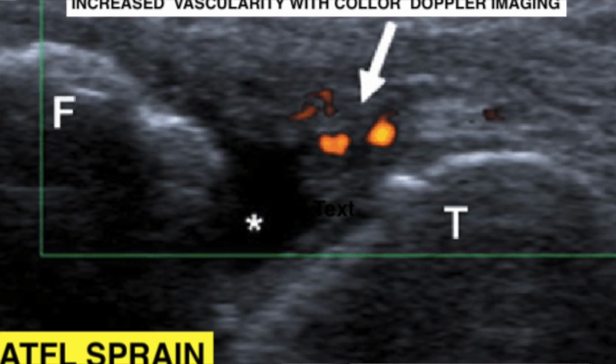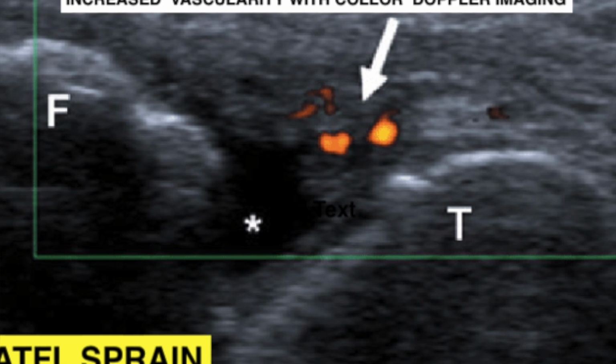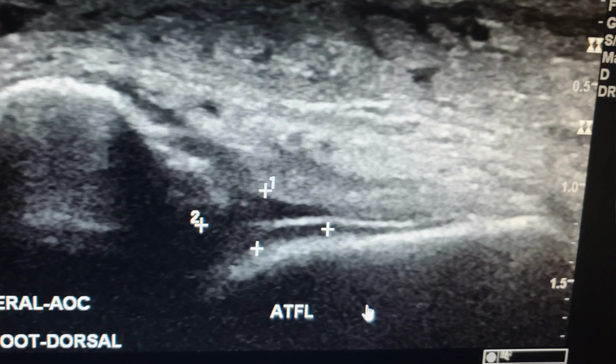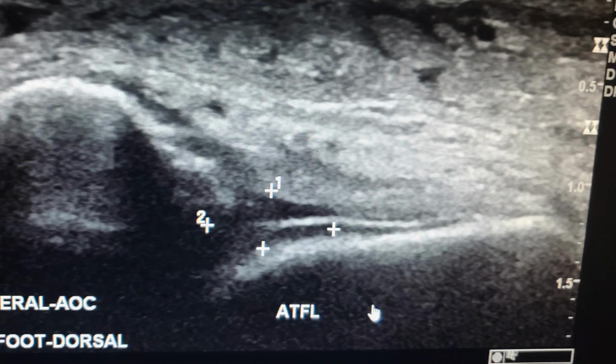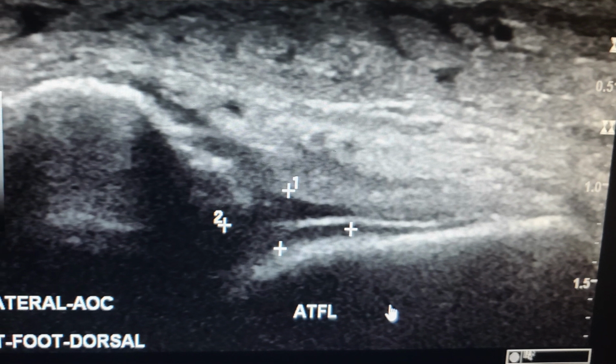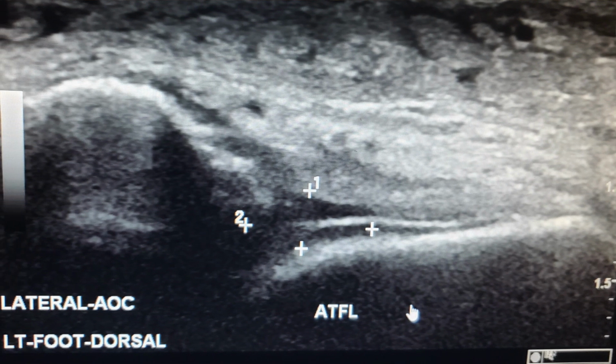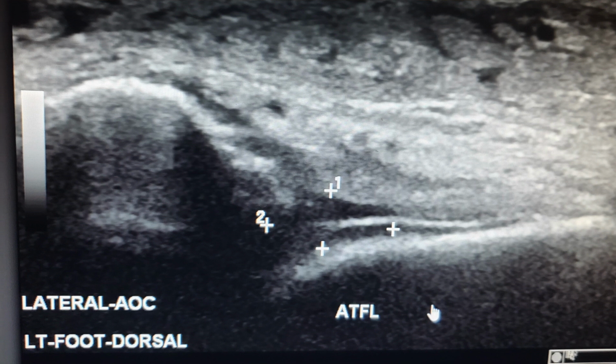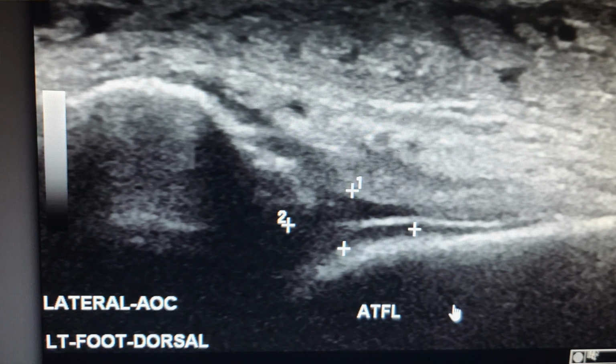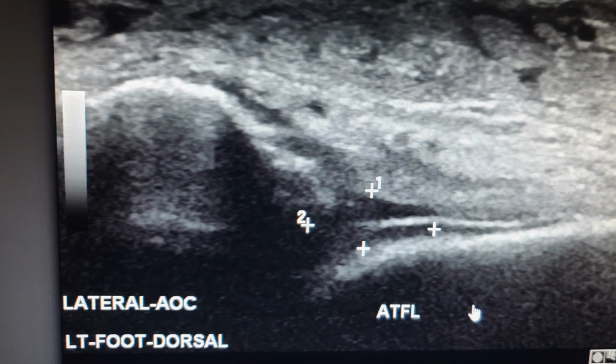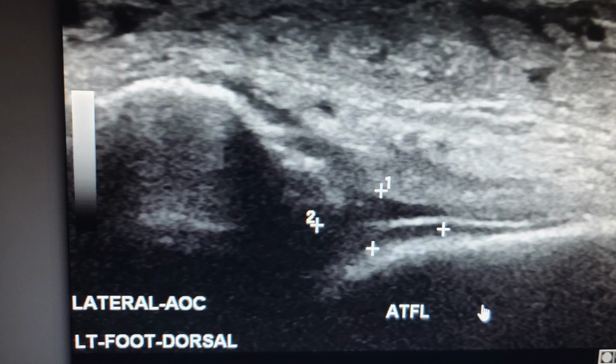Then we go to the other image, we can see there is no ligament in this image, and there is a lot of fluid inside and the tissue swells up. This is the image of the complete rupture of the ligament, so this is the third grade type of injury. So this is almost the concept of sonography.